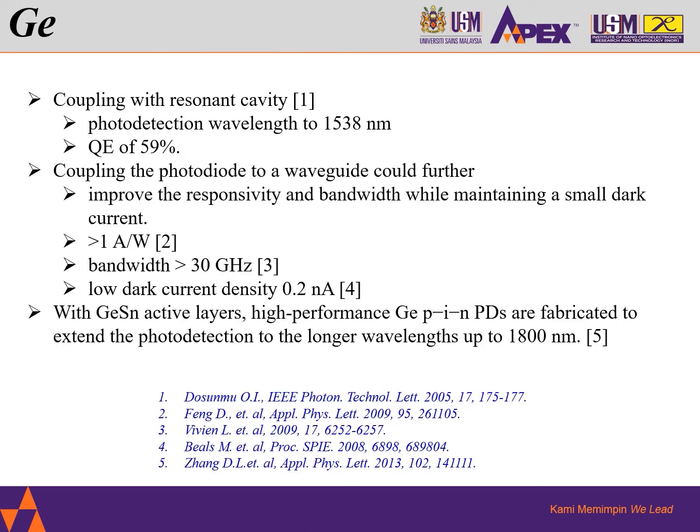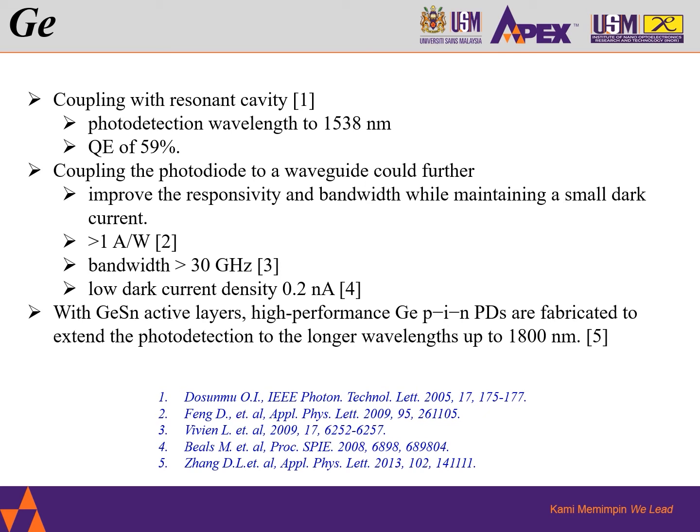Coupling the device with a resonant cavity could extend the photodetection wavelength to 1538 nanometer with a moderate QE of 59%. Coupling the photodiode to a waveguide could improve further the responsivity and bandwidth while maintaining a small dark current.